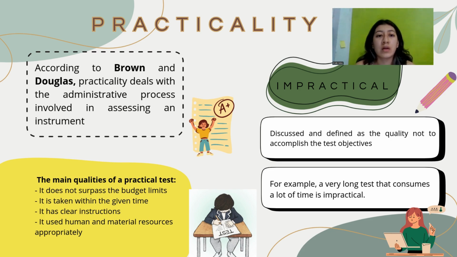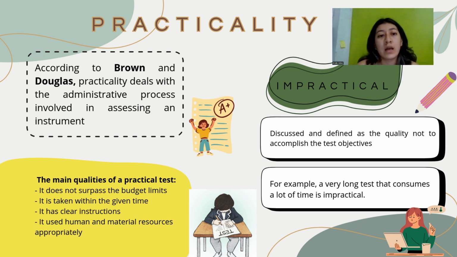According to Brown and Douglas, practicality deals with the administrative process involved in assessing an instrument. It includes making, giving, and scoring the test. The term impractical is also discussed and defined as the quality of not accomplishing the test objectives.